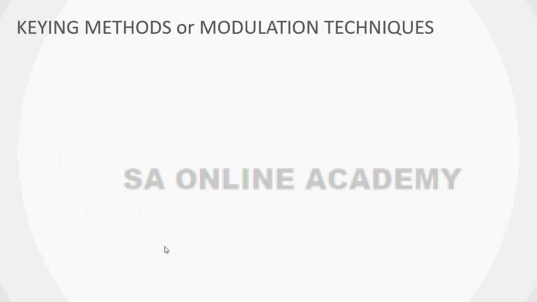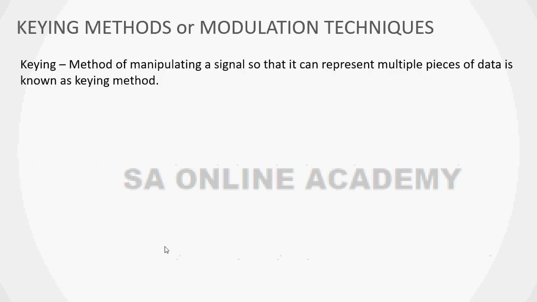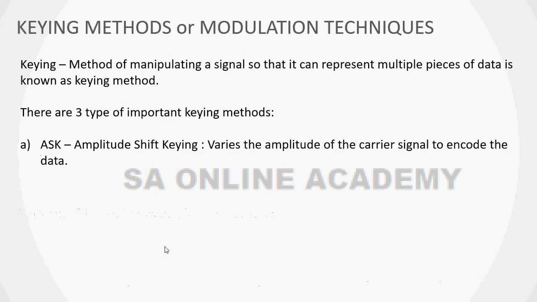So now we are done with the RF behaviors. We are moving towards modulation techniques. There are three major modulation techniques which are used in RF. One is ASK, amplitude shift keying.